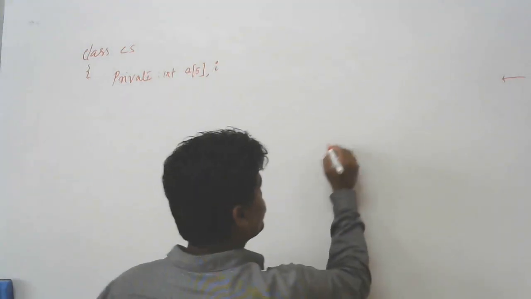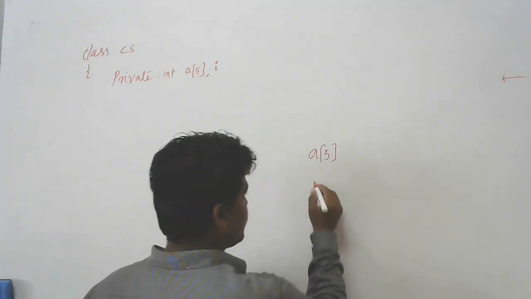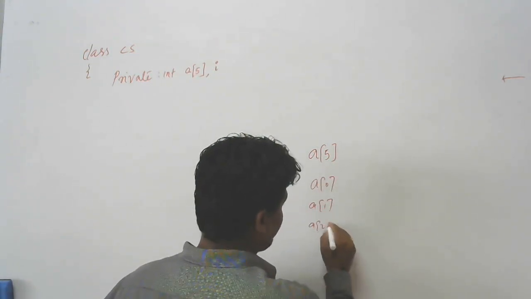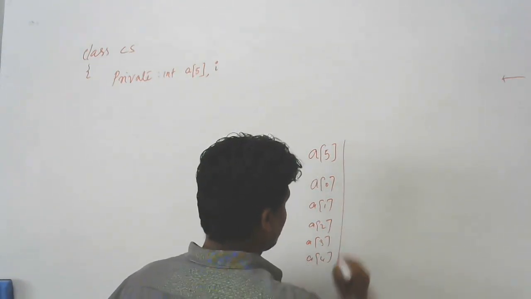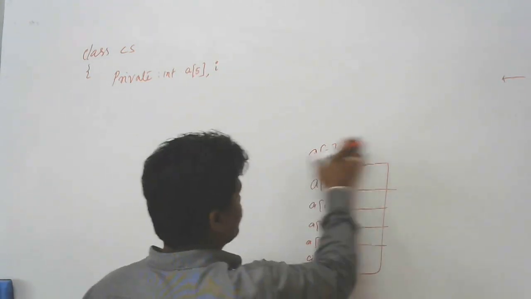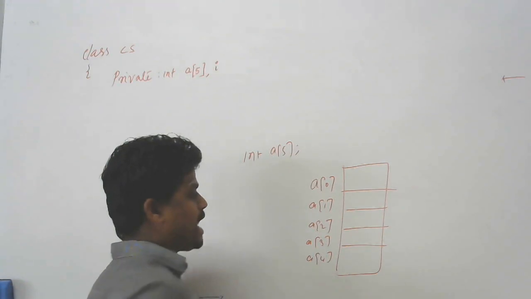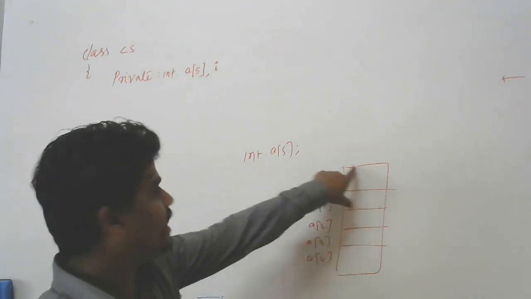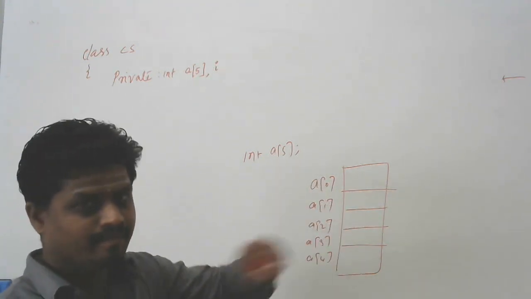Because when you mention a of 5, the compiler will consider a of 0, a of 1, a of 2, a of 3, a of 4, right? This is how the compiler will create the memory blocks. When you declare int a of 5, how many memory blocks will the compiler create? 1, 2, 3, 4, 5. However many size you specify, that many blocks are going to be created.